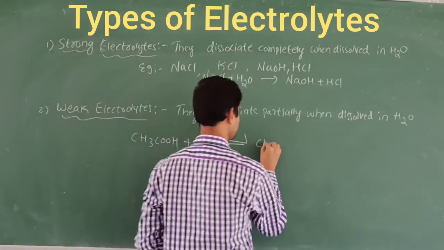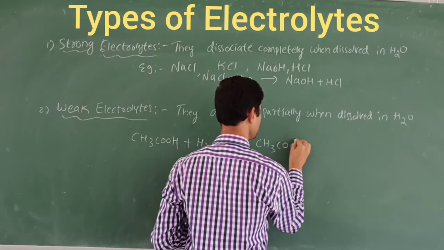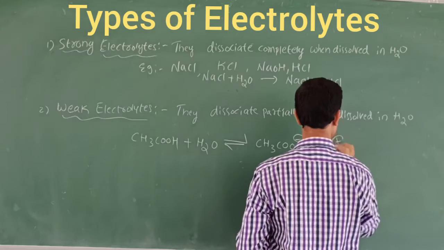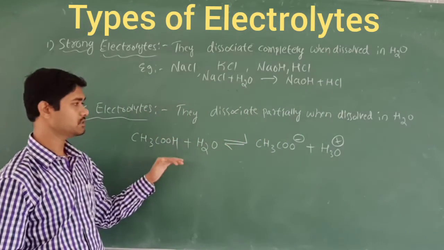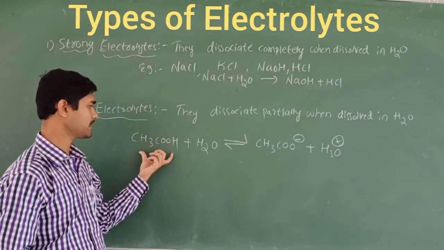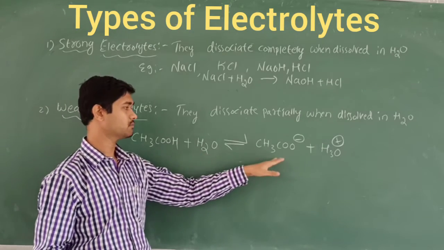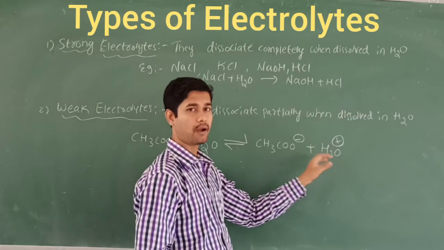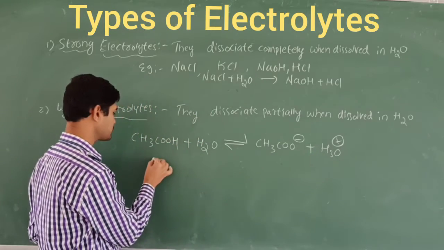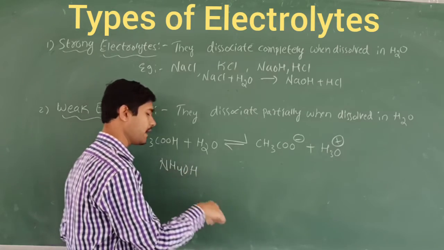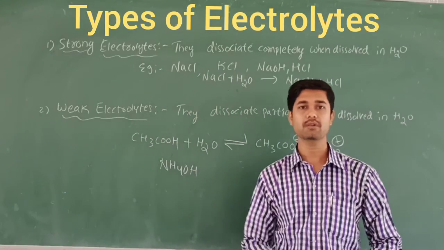Partial means like CH3COO- and H3O+. Like this, partial dissociation takes place when acetic acid is dissolved in the water, so it forms acetate ions and hydronium ions. Like this, one more example, acetic acid and ammonium hydroxide. So these are the examples of weak electrolytes.